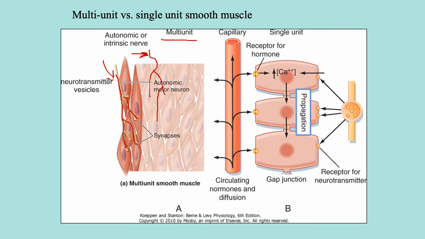And there are no gap junctions found between these clusters of cells. So we're just going to see independent contraction with a stimulation of a unit. We can compare that then to single unit, where if we get neurotransmitter release from a vesicle and it binds a receptor, that signal is going to propagate through all the cells that are connected via gap junctions, and we're going to see that those muscles contract as a single unit.